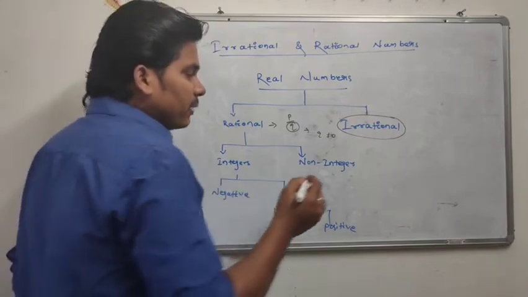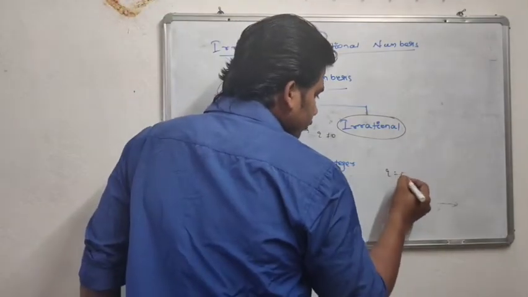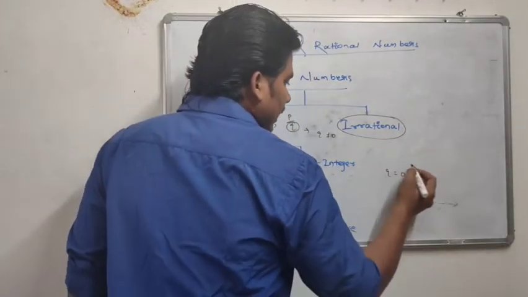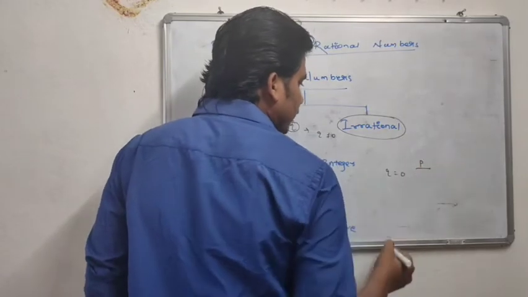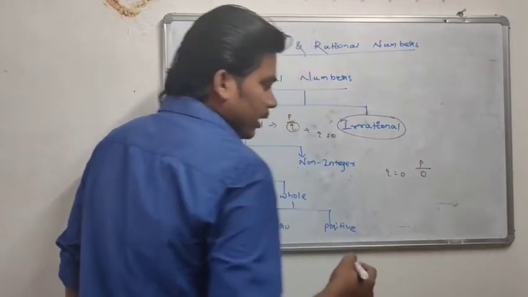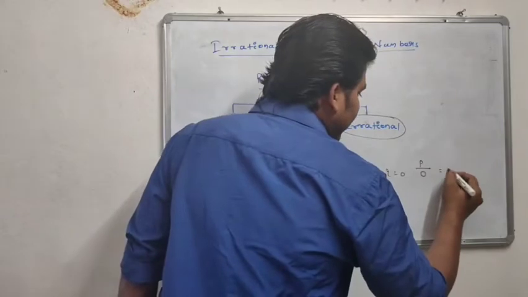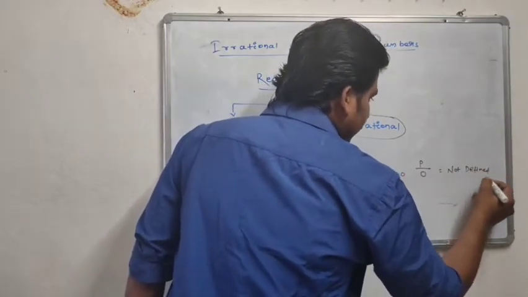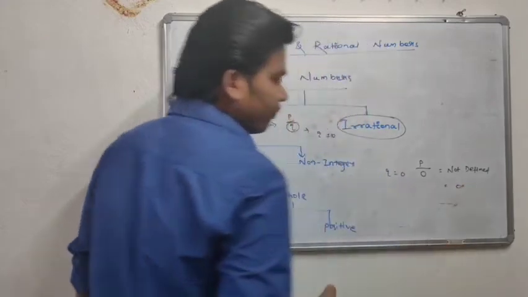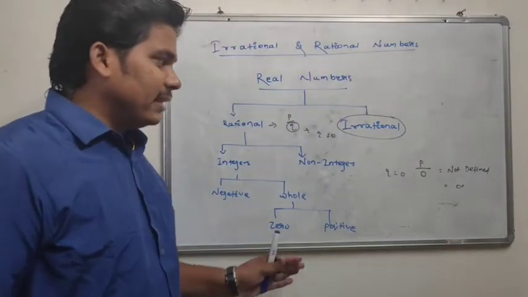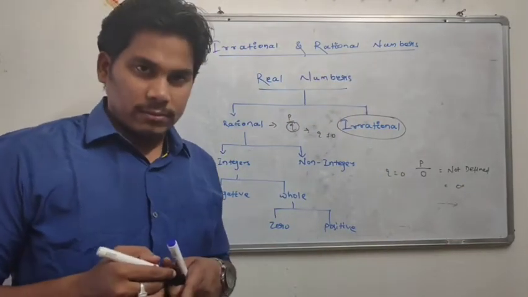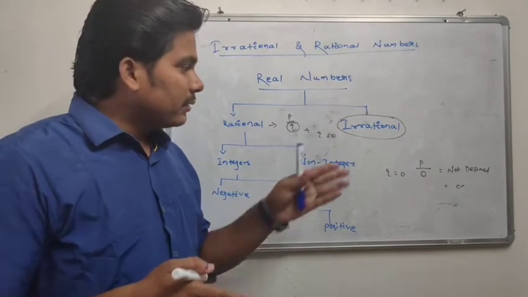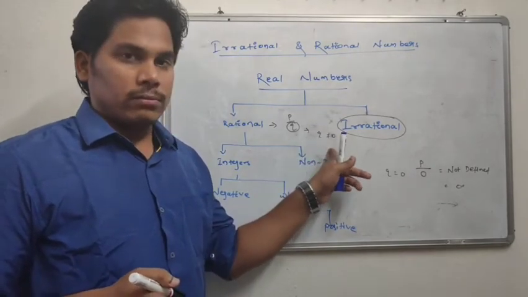See, if q is 0, then any number I can express as p by 0, which in mathematics is the typical term infinity, and infinity is not a number we can define. That's why q should not be 0.